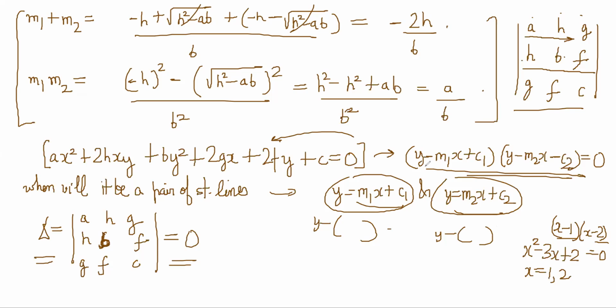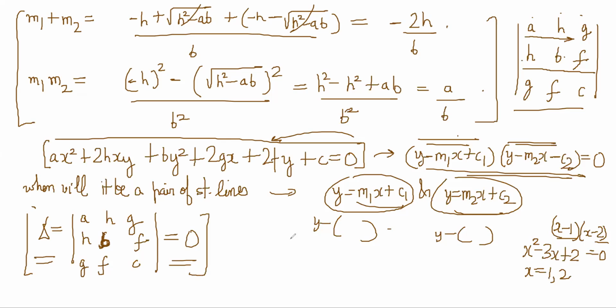So this is a representation of the same equation. What we are saying ultimately is that the 2-degree equation can be broken down into two linear factors, and the condition for that is this. What is nice to remember here is that those two straight lines will always satisfy this property.